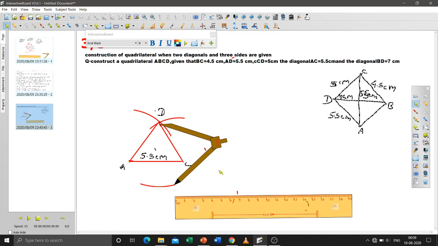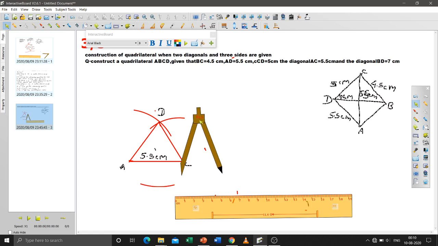Now by taking C as a center, we'll draw an arc of 4.5 centimeter. So again we'll adjust the opening of the ruler to 4.5 centimeter.